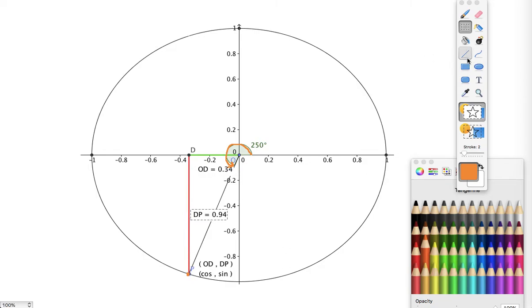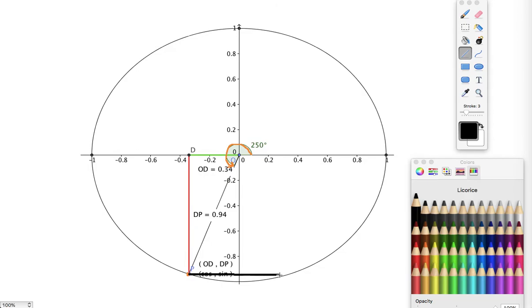So where else on this graph does it have the exact same height? Well, start at this point P here. We're going to create a horizontal line until we get to the circle. So right there. This right here, which I'm going to call point T, has the exact same sine value as our point P.